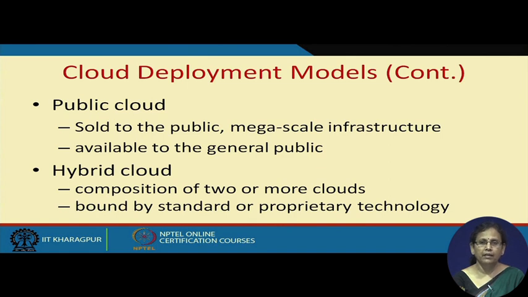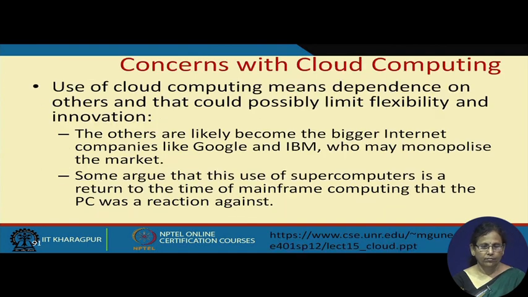In case of a public cloud, it is provided by some company and anybody can use it. Then you can also have a hybrid cloud, which is composed of 2 or more clouds and they are bound by some standard or proprietary technology.